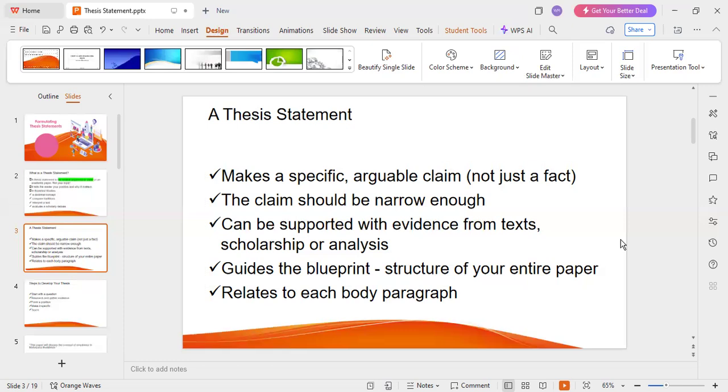Then it does not have any weight. If it is only supported by your personal opinion, then you cannot call it proving. So that's why we give this weight to concrete examples. It should be provable not through your personal opinion, but through scholarly evidence.